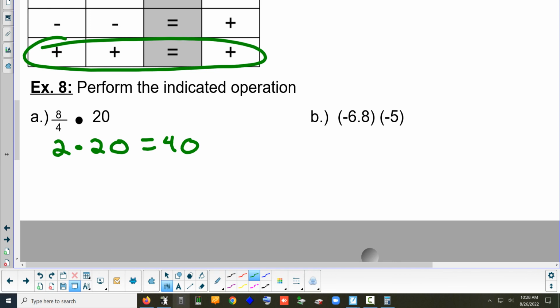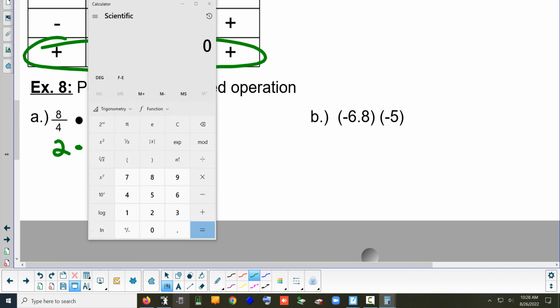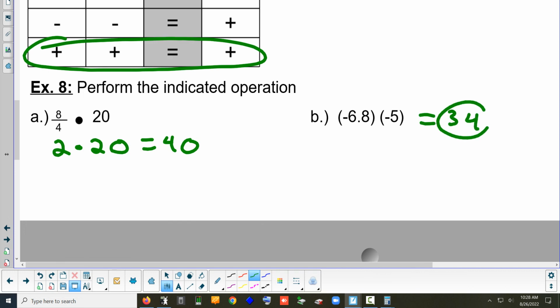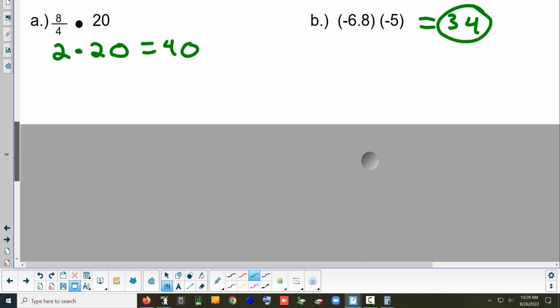So we've got negative 6.8 times negative 5. It gives me a positive. That's positive 34. On homework, that's all you'd have to write. There's nothing else to show for work. Okay, question on that one?